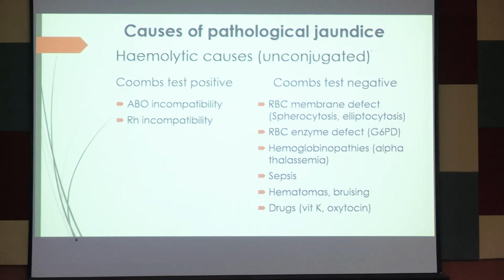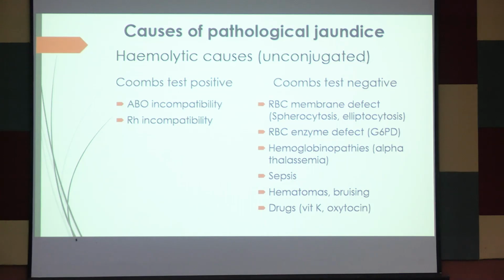Pathological jaundice, causes of pathological jaundice, hemolytic causes. First, Coombs test positive or Coombs test negative. In positive, there is ABO incompatibility, ABO and RH incompatibility. And in Coombs test negative, there are several causes. RBC membrane defect, spherocytosis, elliptocytosis.